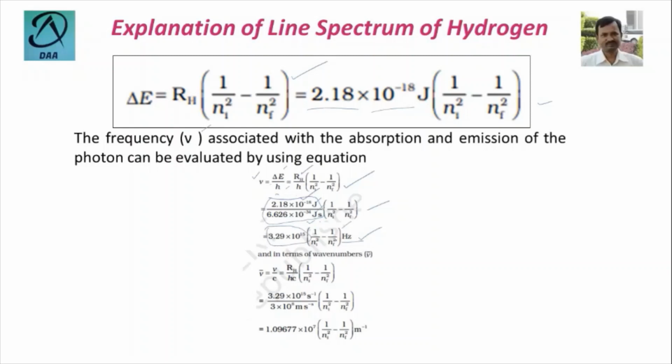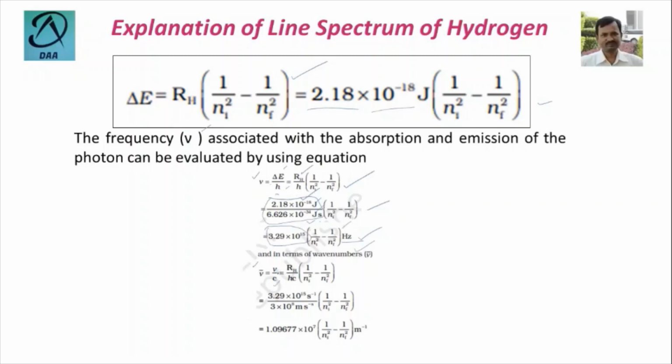Now if we consider wave number, what is the wave number? Wave number nu bar is equal to the frequency divided by the speed of light.